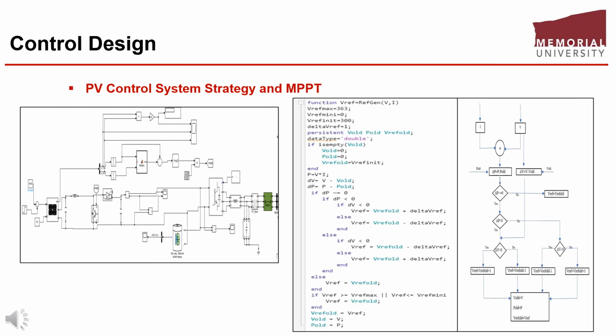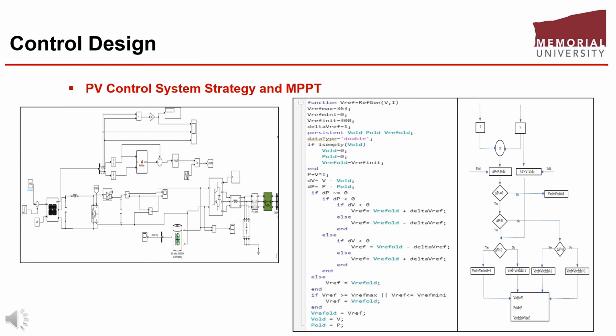Here we sense the voltage and current of the PV system, calculate the power, and compare the power and voltage with previous levels to intentionally increase or decrease the reference voltage, to change the duty cycle of the switch in the boost converter, to keep the power point at a maximum level or increase the power point to reach the maximum level.